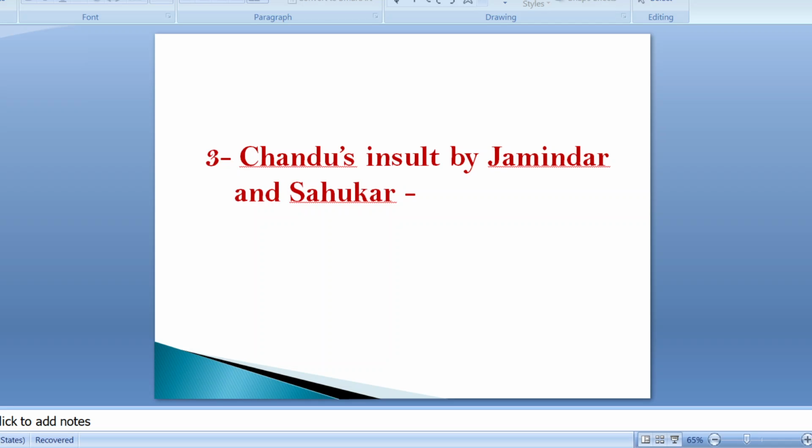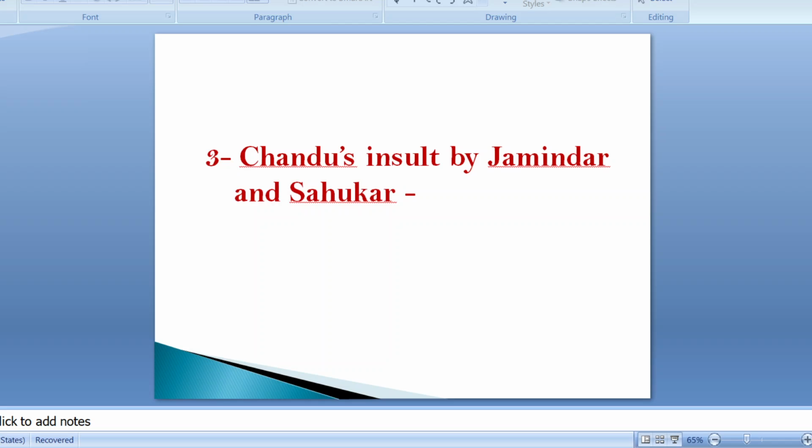They said, "Go away, swine! Go away and wear clothes befitting your low caste, your low status as a barber." So this is the manner of treating Chandu by Zamindar and Sahukar. It was very disturbing for Chandu, and he was insulted too.